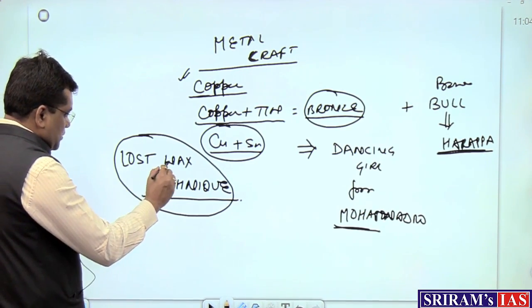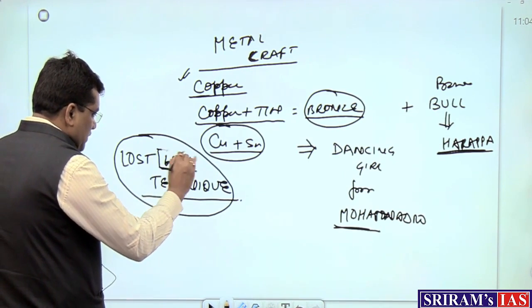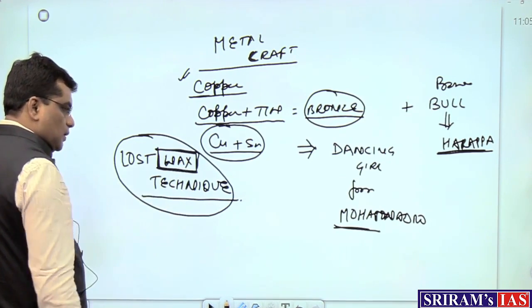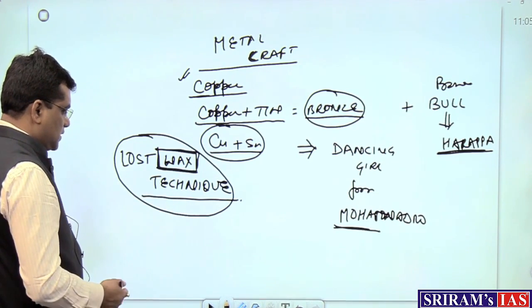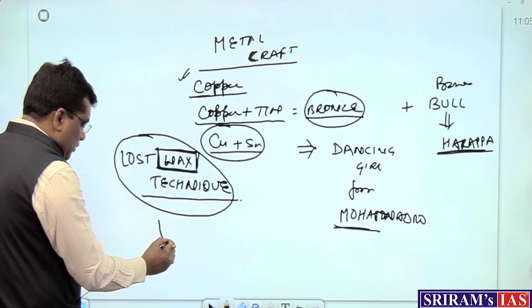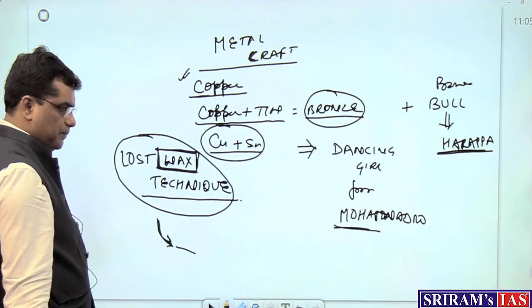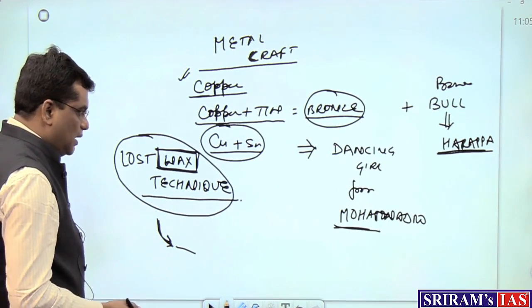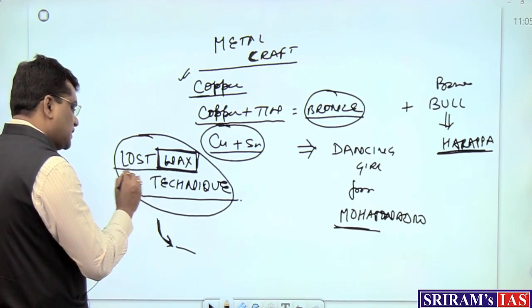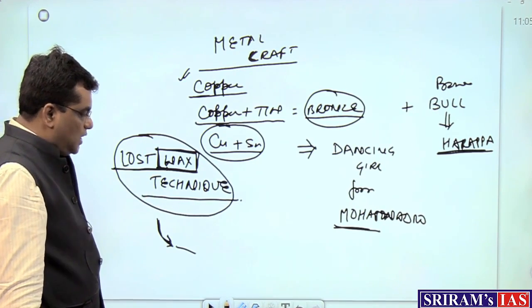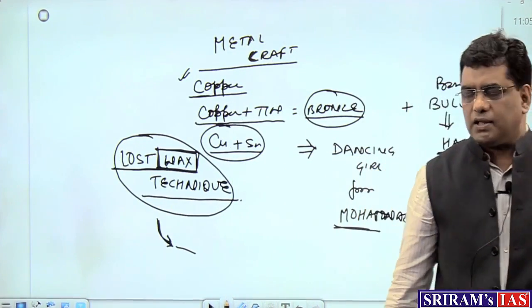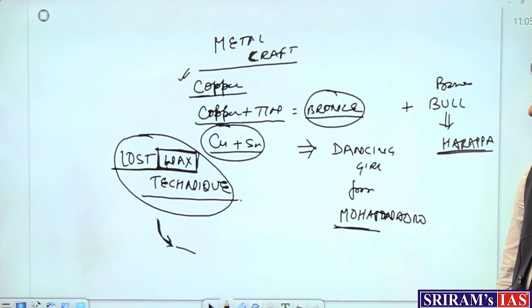They construct a beautiful design made up of wax, and then a metal cover was put over this, and then the wax was melted and comes out from there, and then molten metal was poured in, and then the cover was broken, and we get the design. This is called the lost wax technique. These examples will be there as options in your prelims examination.